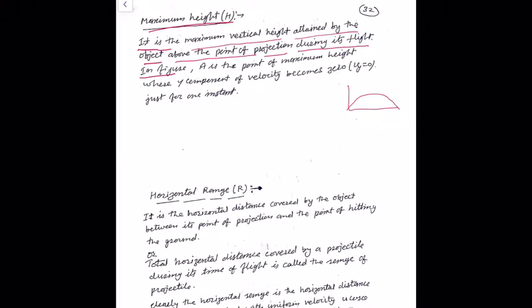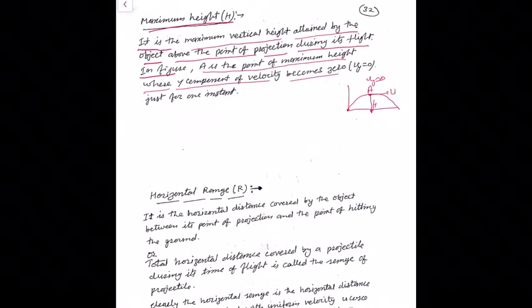In the figure, here on the trajectory of the projectile, it is called capital H. Okay, so here point A. A is the point of maximum height where the y component of velocity becomes 0. Here Vy is equal to 0, here Vx. Clear? Just for one instant.